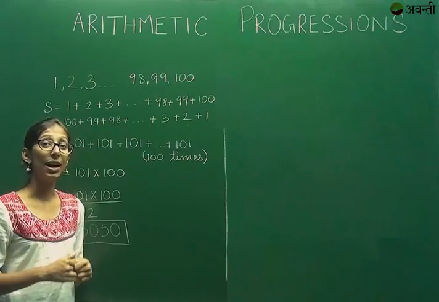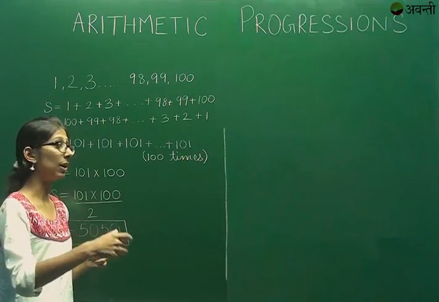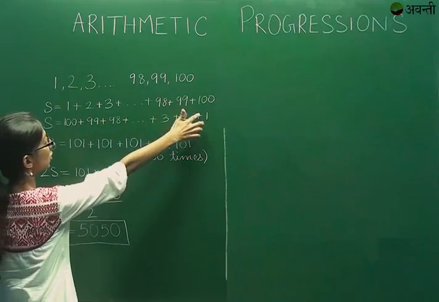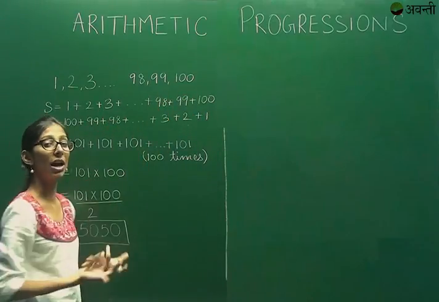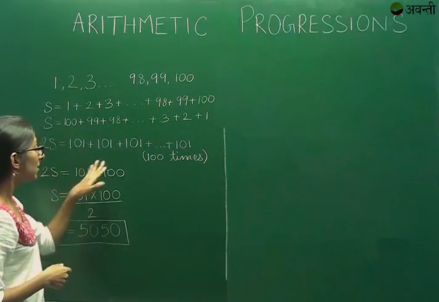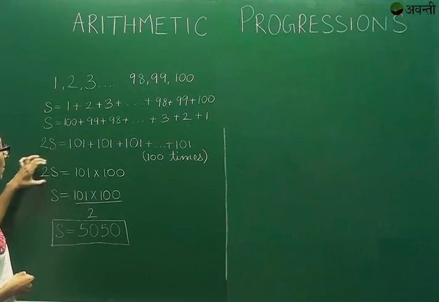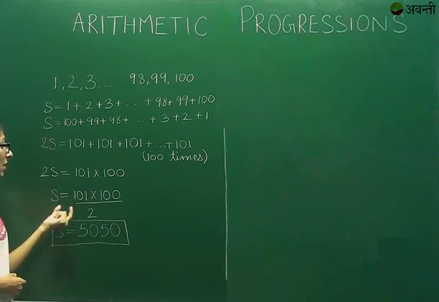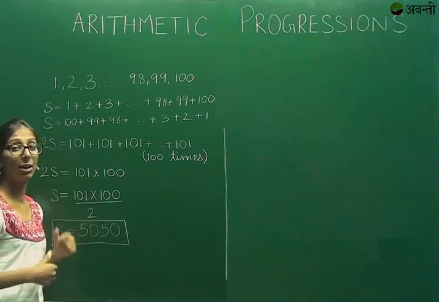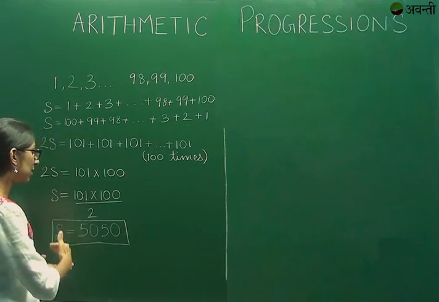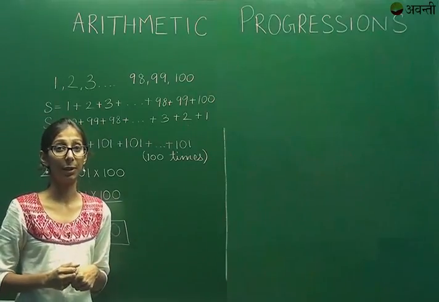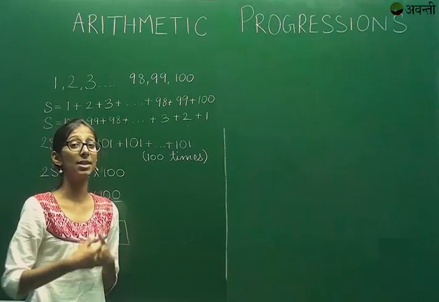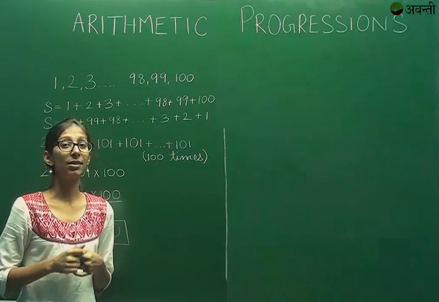So basically I would get 101, 100 times because I had 100 terms initially, so these pairs would also have been 100. Simply put, twice of the sum is 101 into 100. That means my sum is 101 into 100 divided by 2, and that means the sum is 5050. Now let's take this procedure and calculate the sum for any AP in the general form.